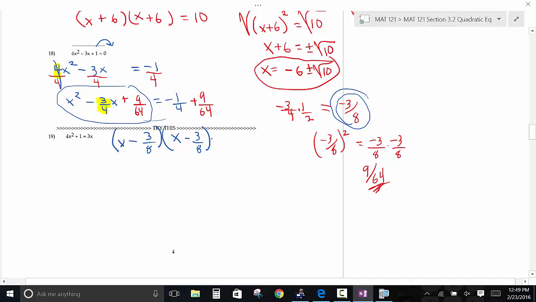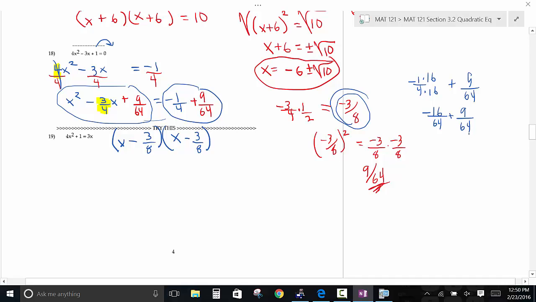All right, so we got this. Now what we're going to do is add this fraction together. I'm just going to do this part over at the side here. If I've got negative 1/4 plus 9 over 64, you got to get a common denominator. The common denominator is 64. So 64 divided by 4 is 16, so I'm going to multiply that by 16. I'm going to get negative 16 over 64 plus 9 over 64.